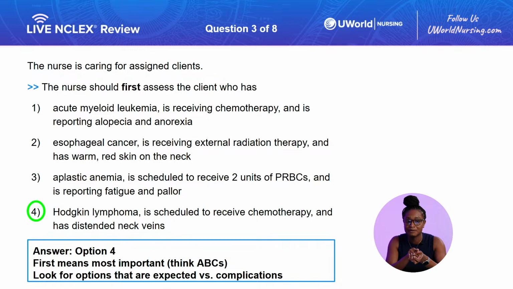Option 3, which is what a lot of you also chose, aplastic anemia, is scheduled to receive 2 units of packed red blood cells. So we know anemia is loss of blood in whichever form, and so they're receiving 2 units of packed red blood cells, which is what we need to do to fix the anemia. And a client that is reporting fatigue and pallor, this is an expected finding of anemia.